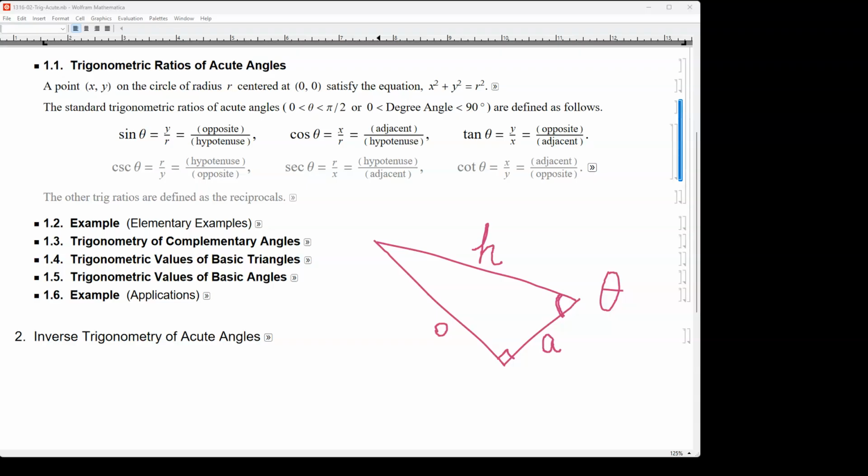One over sine, one over cosine, and one over tangent. And the beauty of this argument here is that it works for arbitrary right triangle no matter how it is positioned. It always works whenever you have a right triangle. That certainly is an advantage.